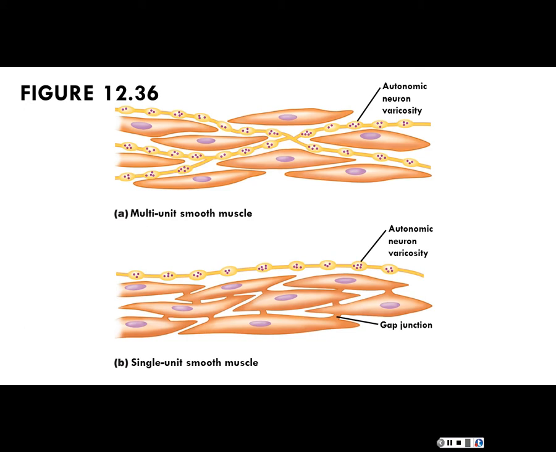They don't have any pacemaker cells to keep all these cells working together. By contrast, the single-unit smooth muscle cells are controlled by the autonomic nervous system, but they're also connected by gap junctions. And so there's going to be a pacemaker cell spontaneously depolarizing to excite the rest of the cells.